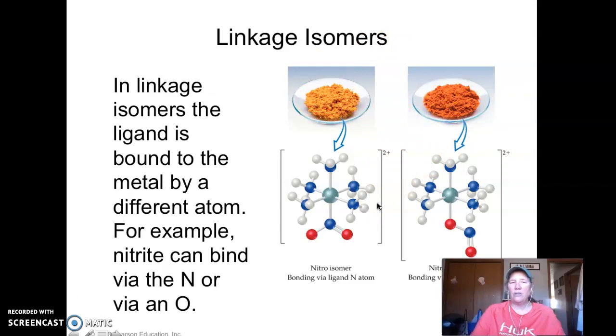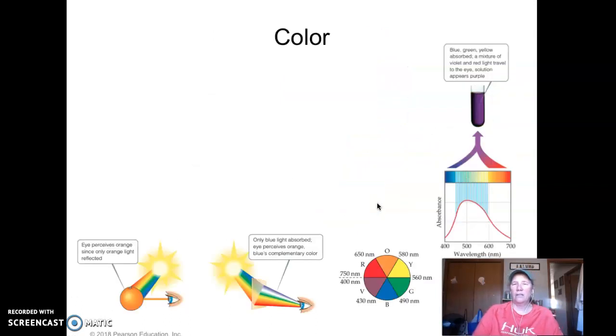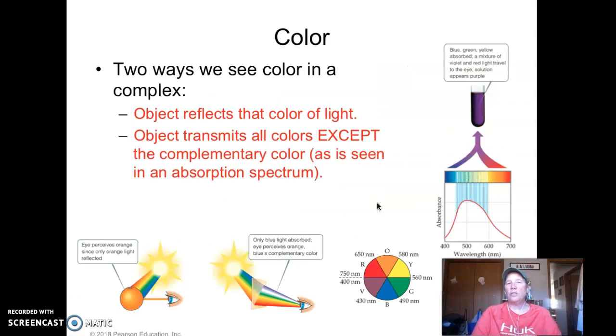Nitrite versus nitrate. The transition metals have lots of different colors, and basically when white light hits it, it reflects certain colors of light and absorbs other ones. That's a real common thing with transition metals. On the top here, there's a mixture of violet and red, and the only thing that can really separate it into the colors would be a spectrophotometer.